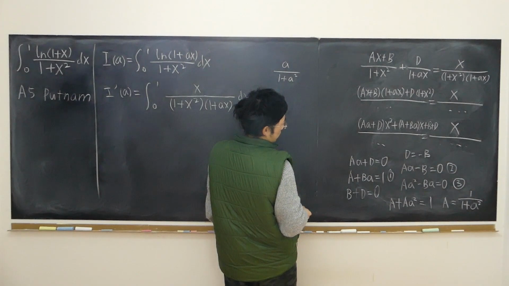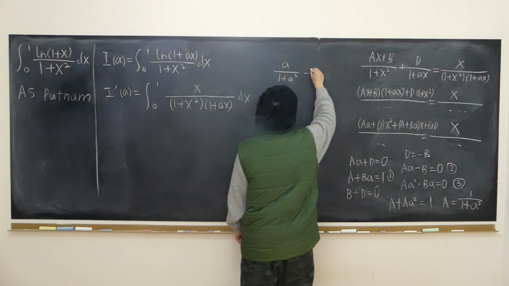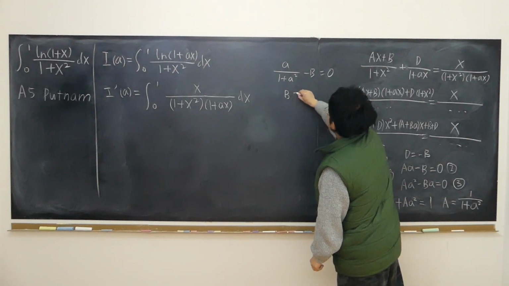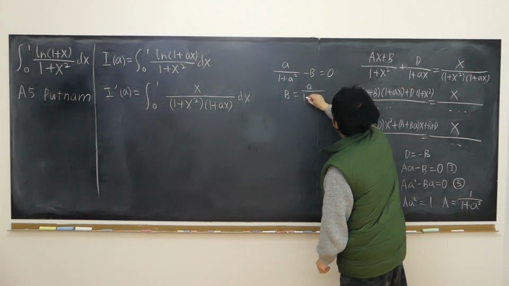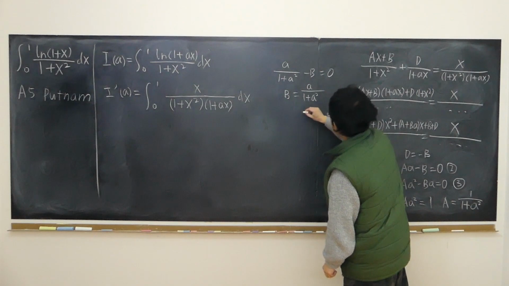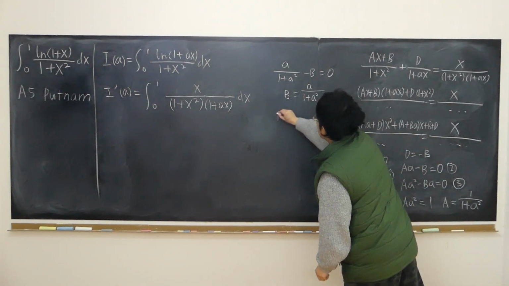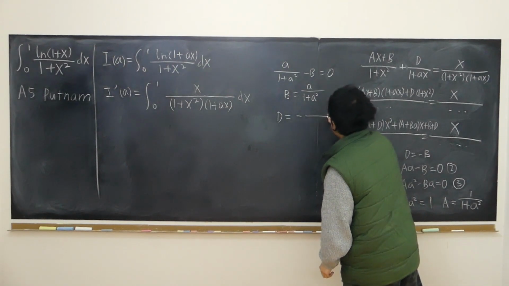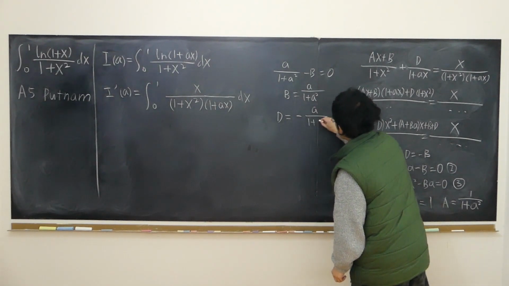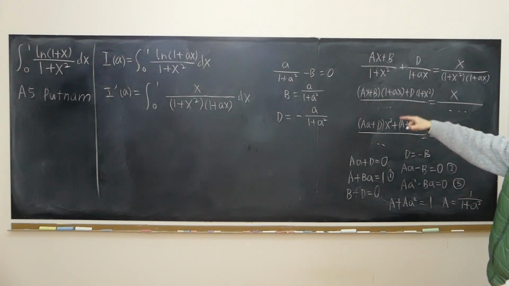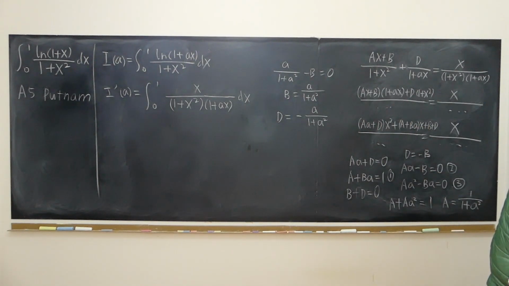Equation 2 says minus b equals 0. So b is easily a over 1 plus a squared. D equals minus b, so d is minus a over 1 plus a squared. Now we have A, B, D all sorted out.